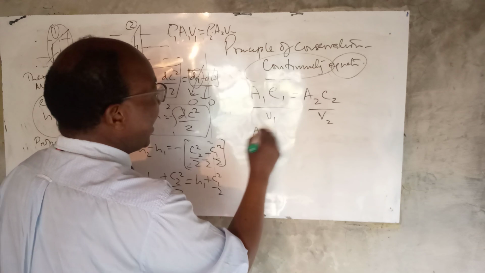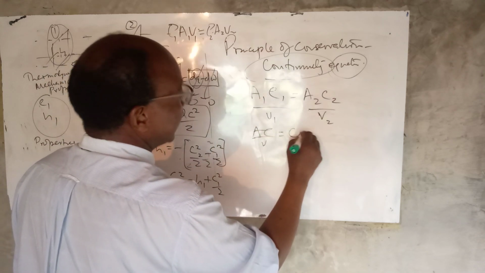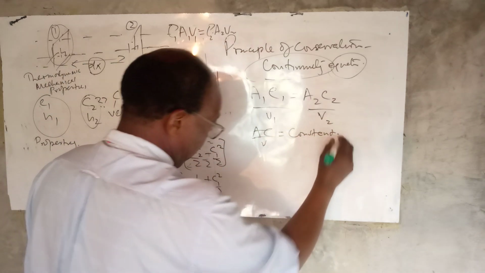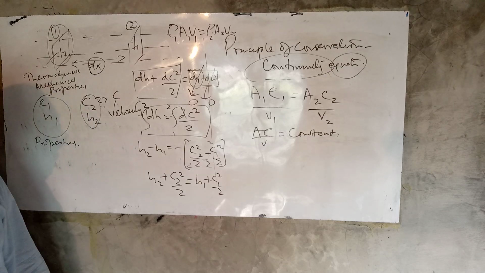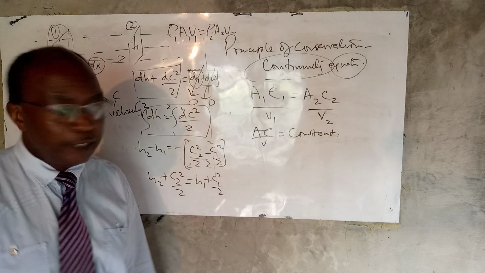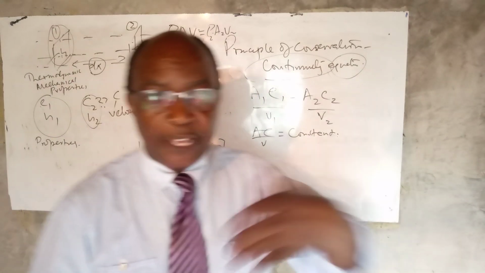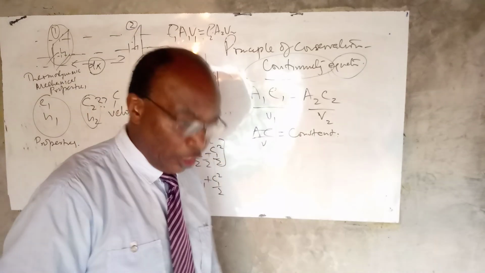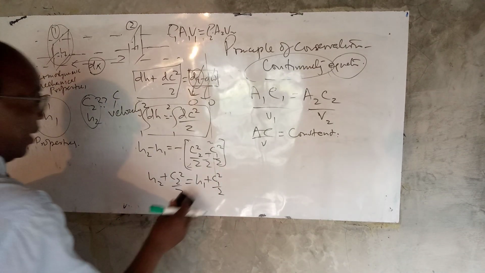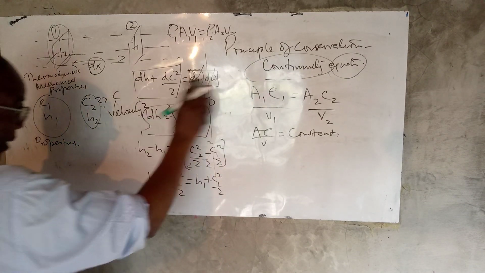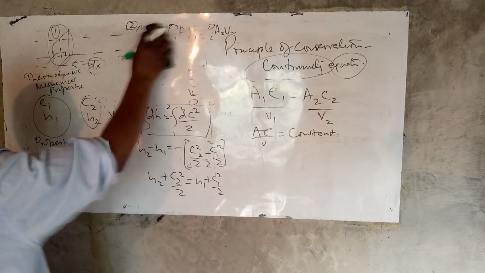So basically, A C over v is a constant. So based on the continuity equation, you are able to compute the cross-sectional area changes in that isentropic flow in that duct.